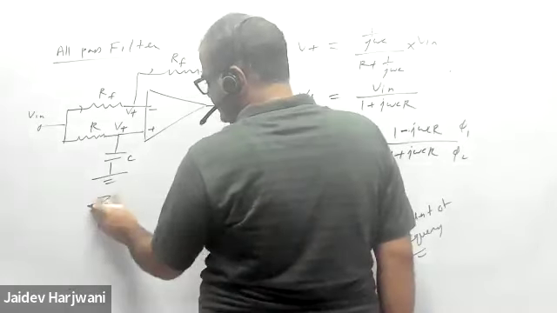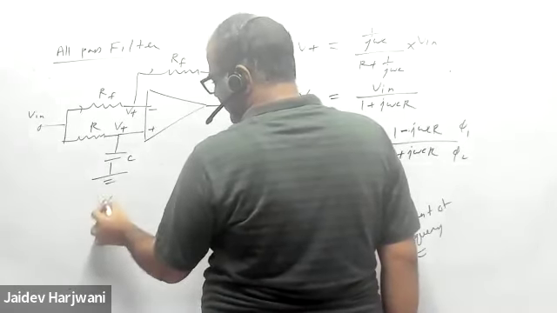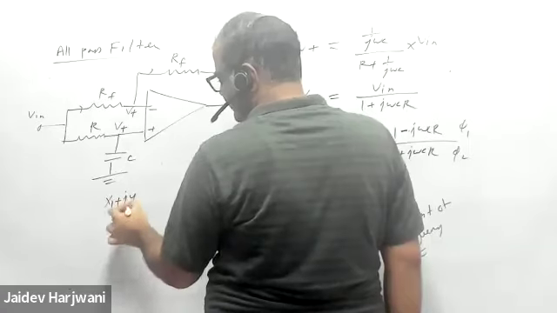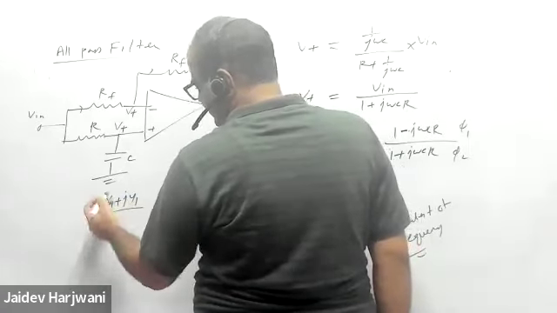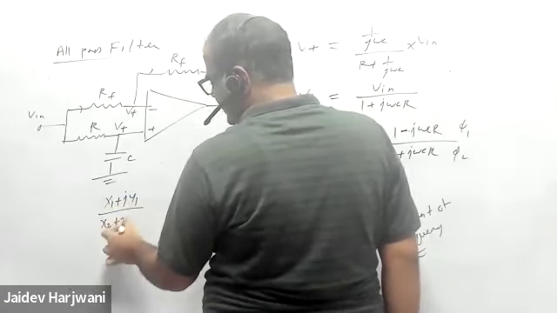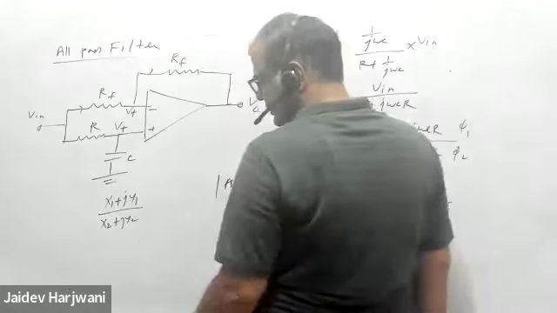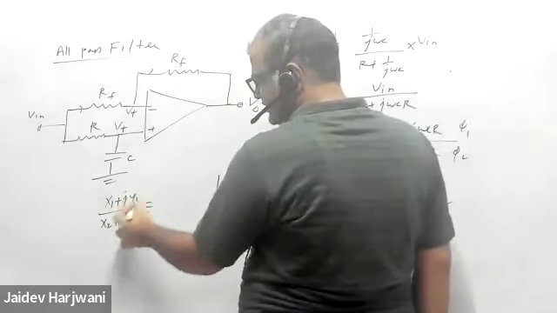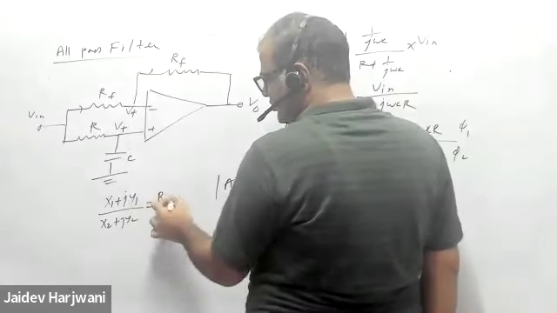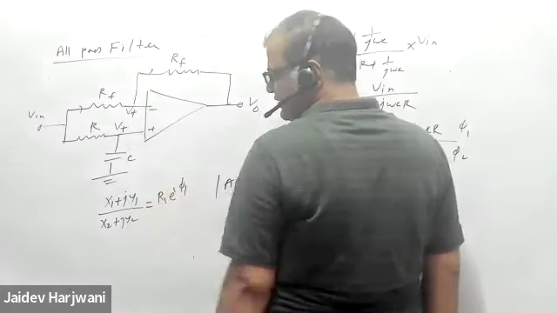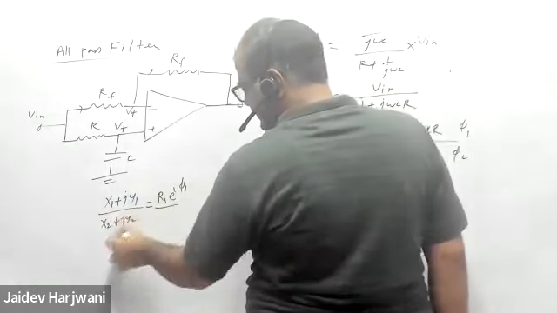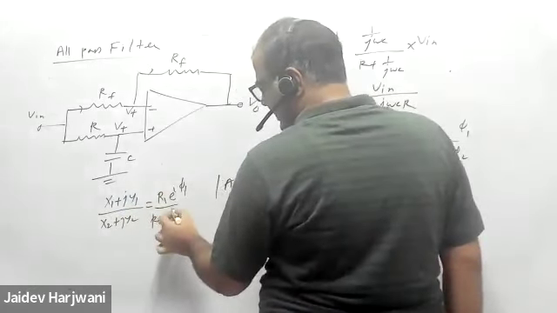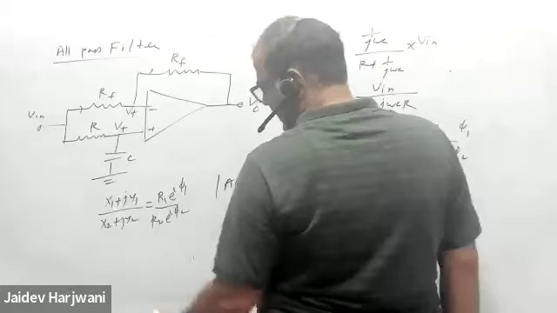जैसे मेरे पास अपसाइड टॉप I have x1 plus j y1, okay, something magnitude, and I have x2 plus j y2. Now I can write this as r1 e power j phi 1. Similarly, I can write this as r2 e power j phi 2. And now what will become?